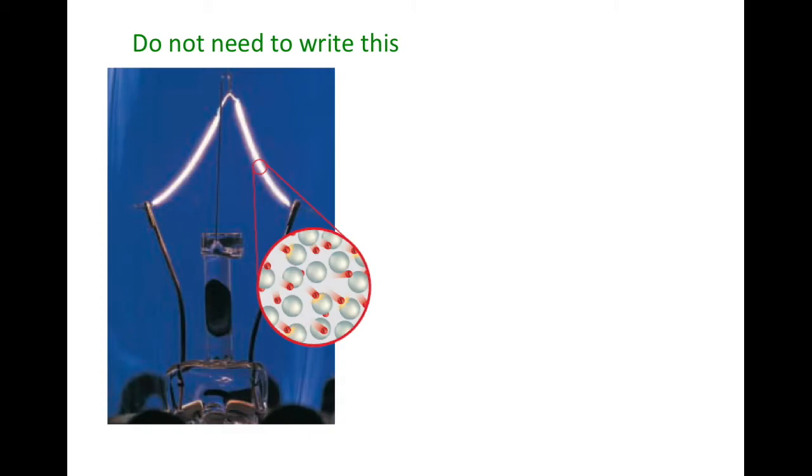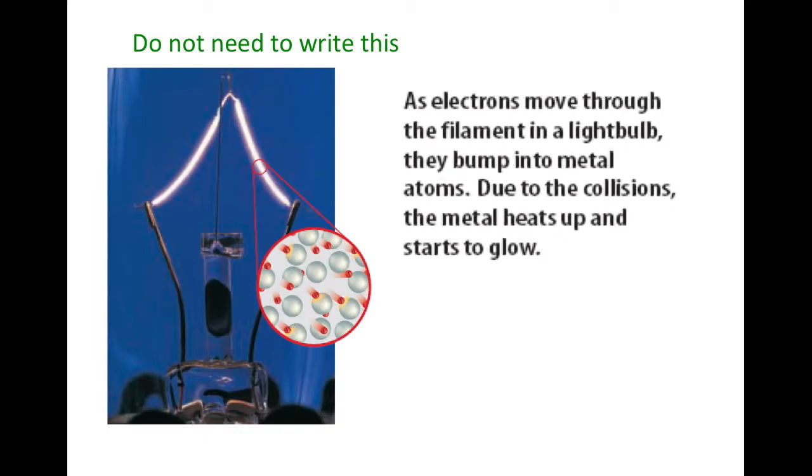One exception to a device that does not have a resistor is the light bulb, because the light bulb itself is a resistor. One thing to note is as electrons move through the filament, remember it goes from the negative portion to the positive side of the energy source.